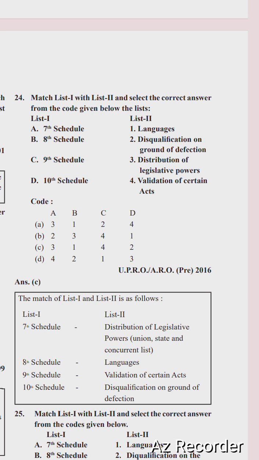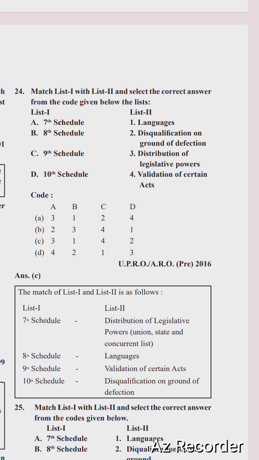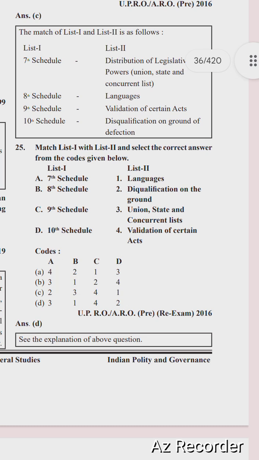Right option is option number C. The 7th schedule is related to distribution of legislative power, the 8th schedule related to language, the 9th schedule related to validation of certain acts, and the 10th schedule related to disqualification on the grounds of defection.